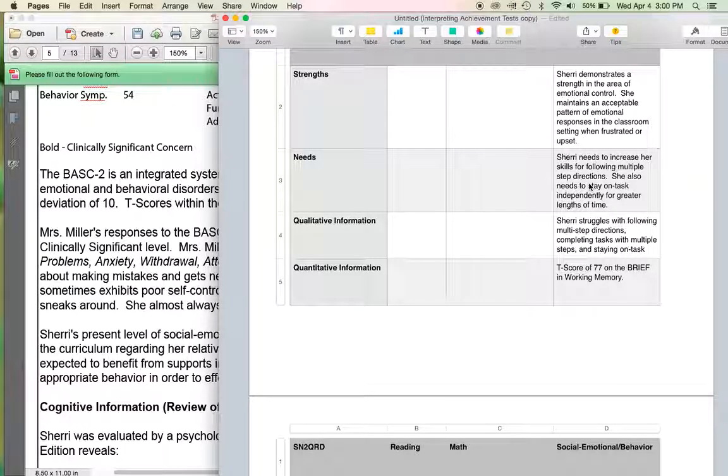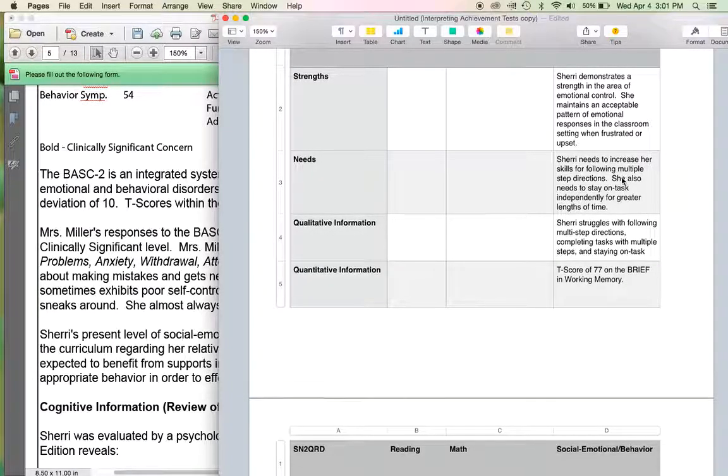And from there, I jumped up here and thought about her needs. If she struggles with these skills, she needs to increase her skills for multiple step directions. She also needs to stay on task independently for greater lengths of time. So I kind of started here and then worked backwards.